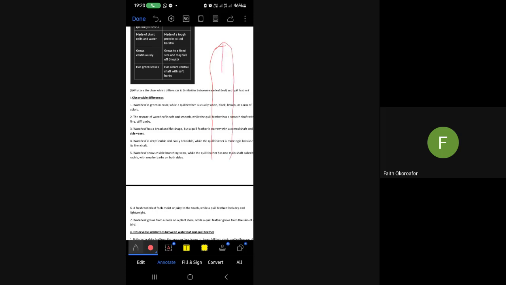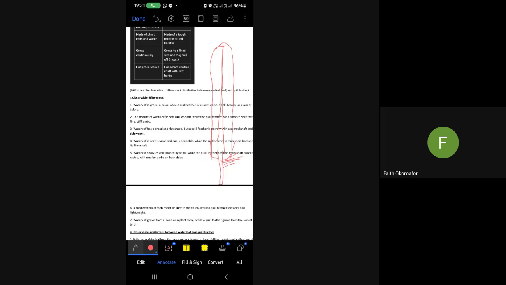It's narrow. You have the center part. This ends here like this, and then you have it like this. You can see that this shape is different from that of water leaf that I drew. This is what the quill feather looks like.